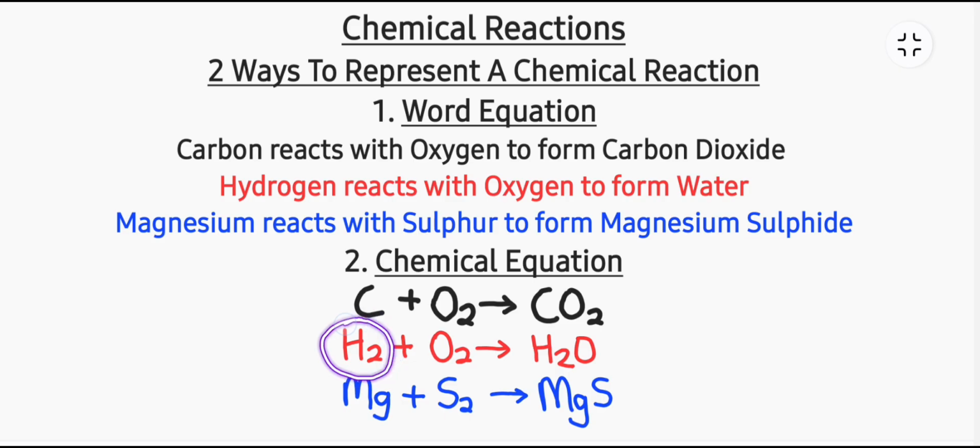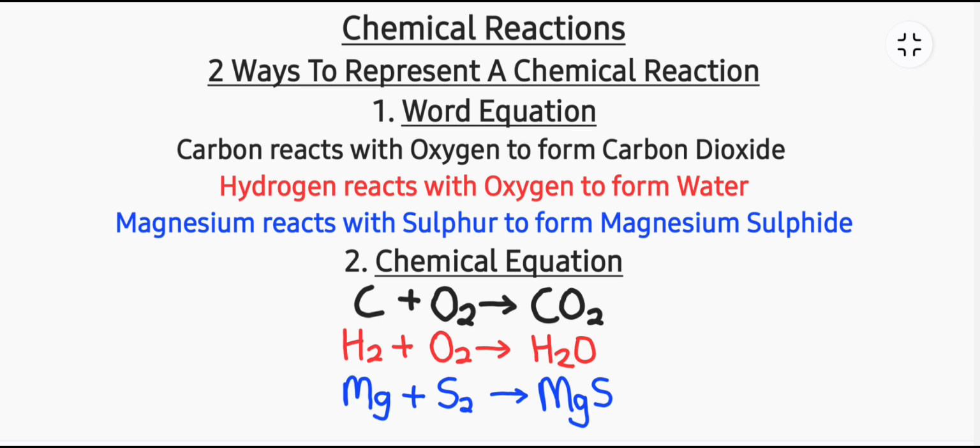I have two hydrogens, and then I have two hydrogens, it means it's balanced for hydrogen. Oxygen is 2 on the left and oxygen is 1 on the right, so this one I should balance because it is not balanced.